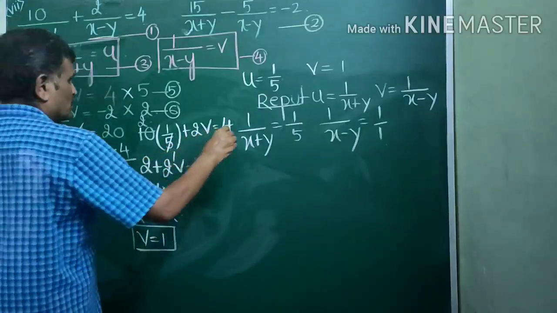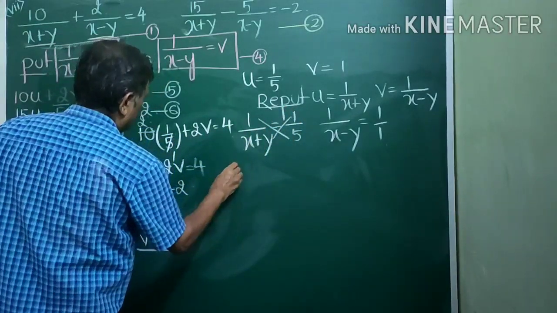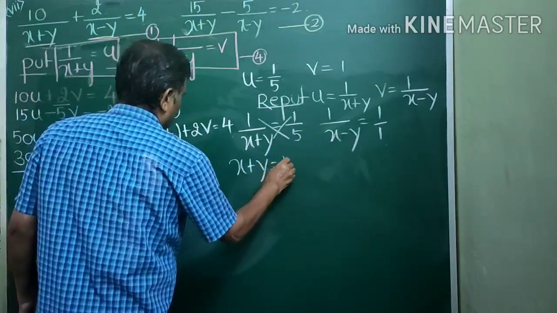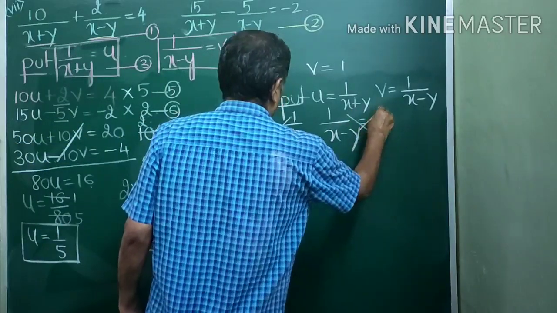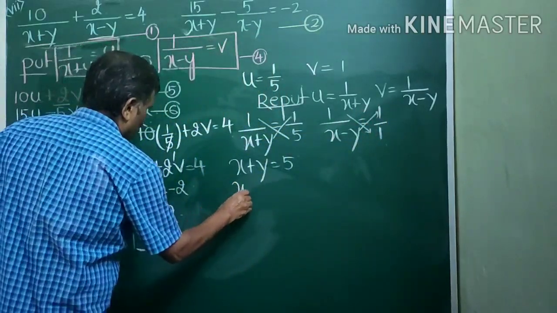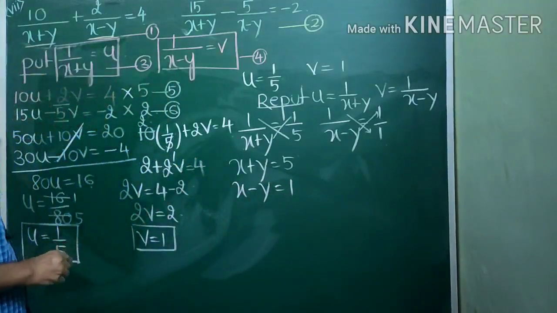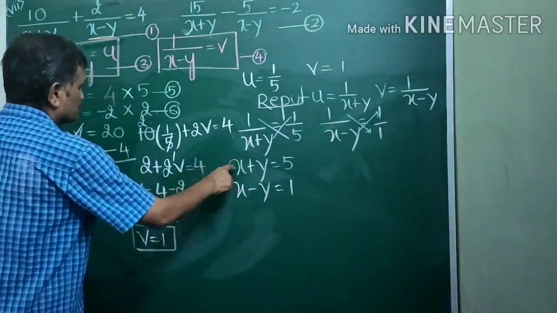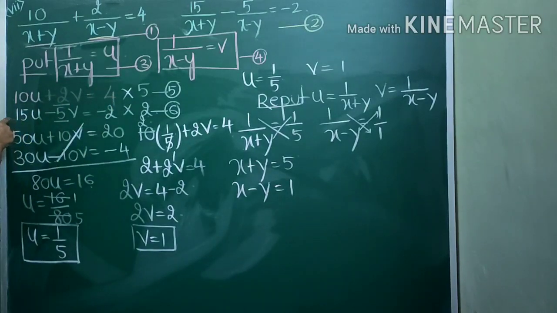Now let me cross multiply here. If I cross multiply, what I get is x plus y is equal to 5, and here also if I cross multiply, then what I get is x minus y is equal to 1. Now again, for the second time continuously, we are getting linear equations in two variables. Here also we got linear equation in two variables, but it was in terms of u and v.